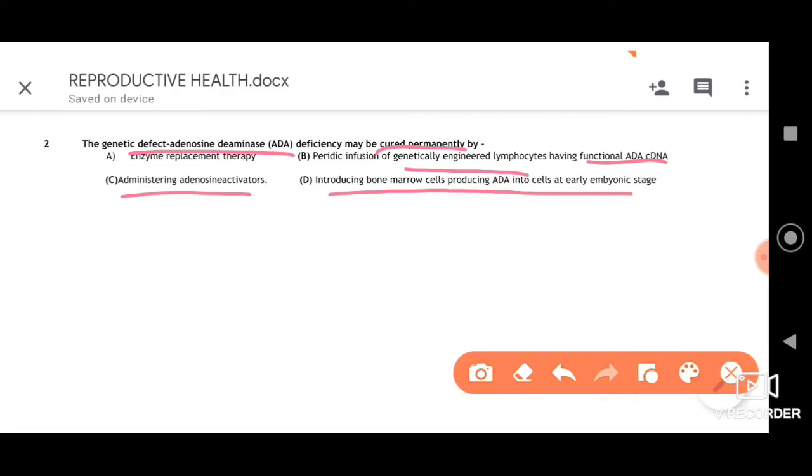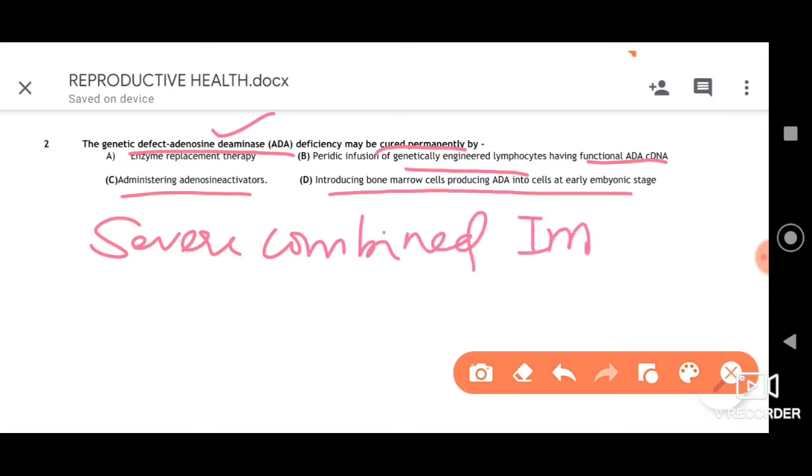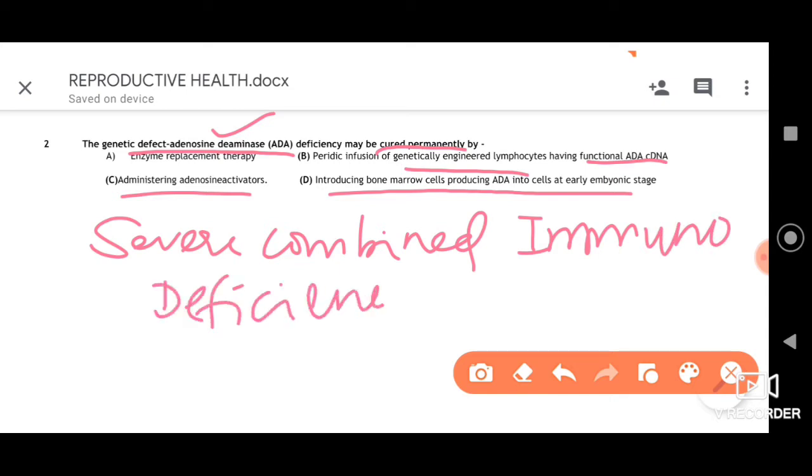Dear friends, to permanently cure the defect of adenosine deaminase, what we call severe combined immunodeficiency, simply referred to as SCID.